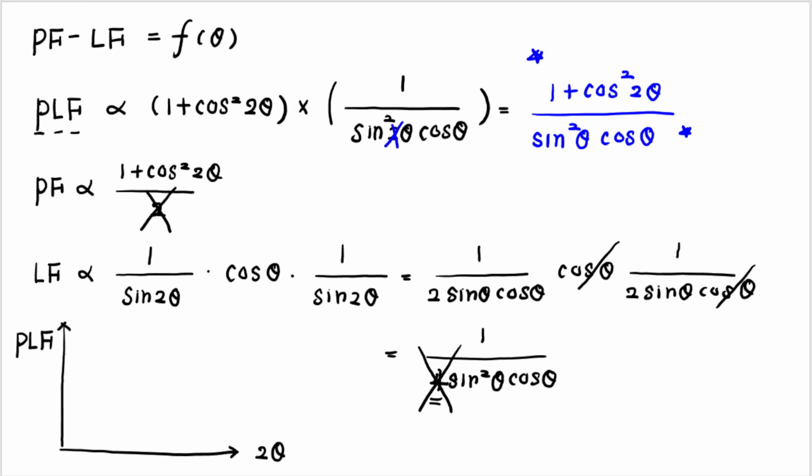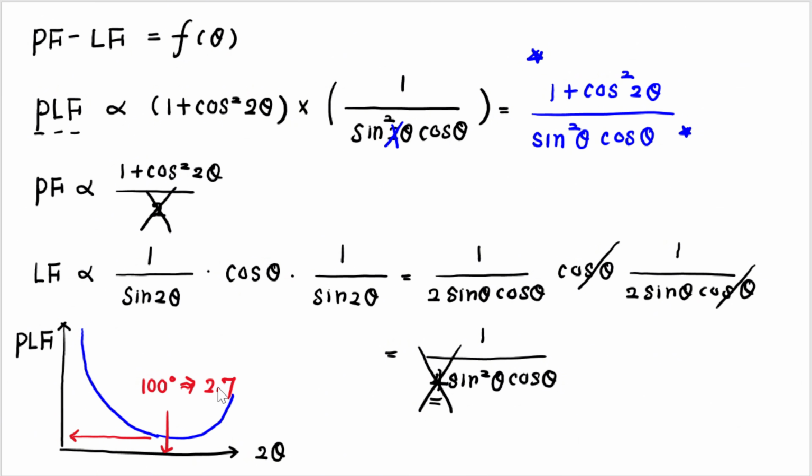The rough curve will be just like this: a very high value that decreases, showing a local minimum, and then increases again. From the calculation, that angle is approximately 100 degrees, with a very small value, 2.7.